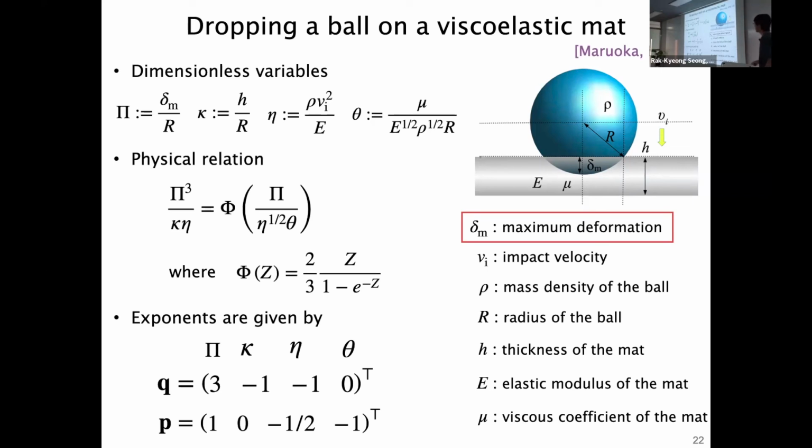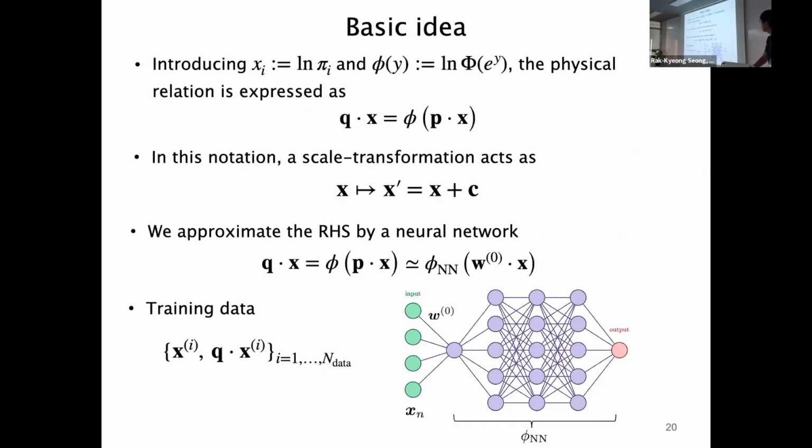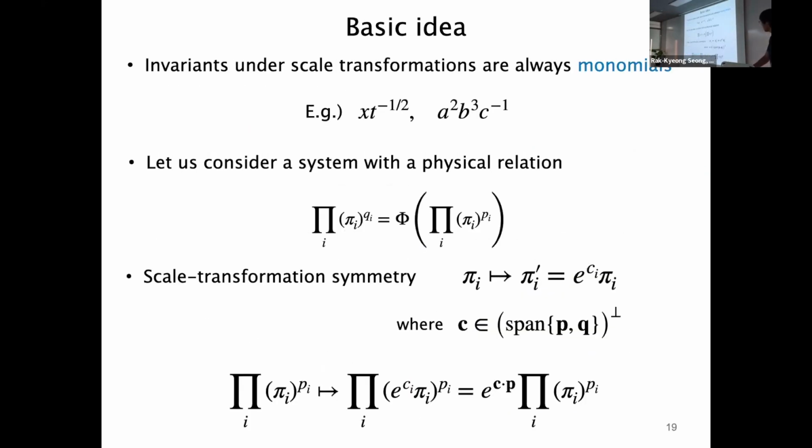And regarding the sort of ambiguity in defining the combinations, it's true that the physical relation can be written in various ways. But the scale transformation symmetry is not affected by this choice because it is specified by this vector space.